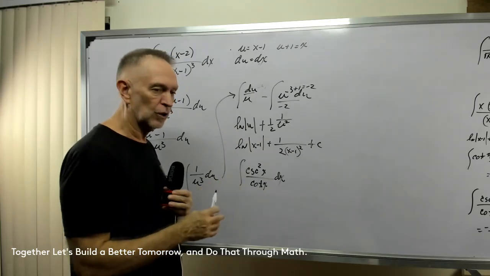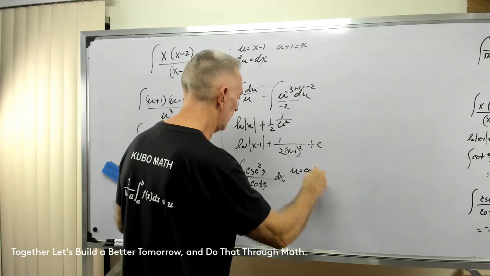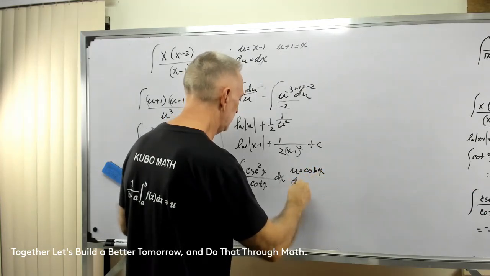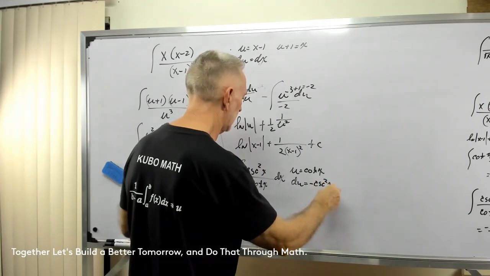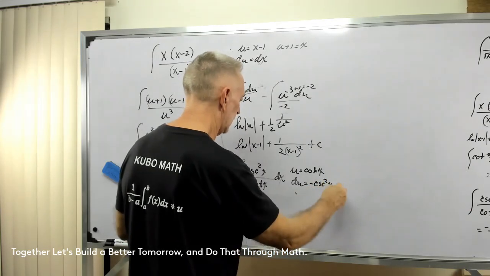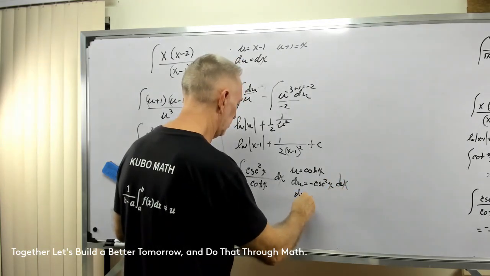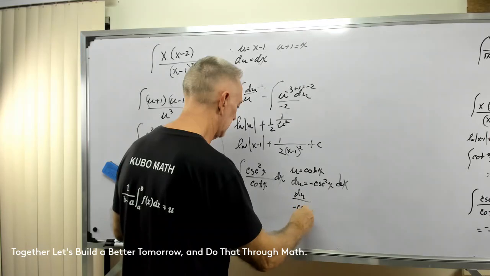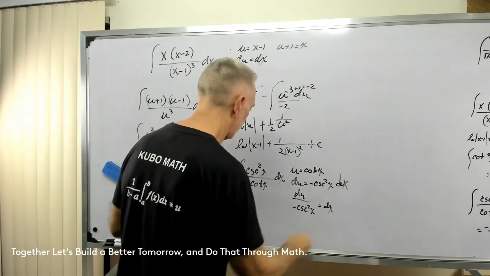It's minus cosecant squared x. So if we said u equals cotangent x, du equals minus cosecant squared x dx. Chain rule, almost forgot that. So du over minus cosecant squared x equals dx.